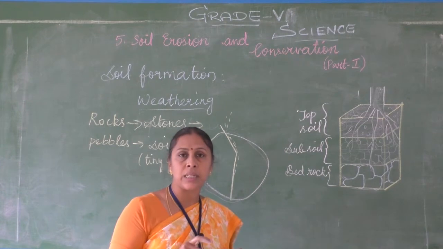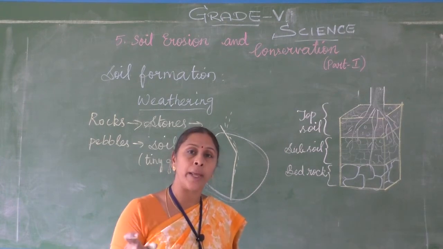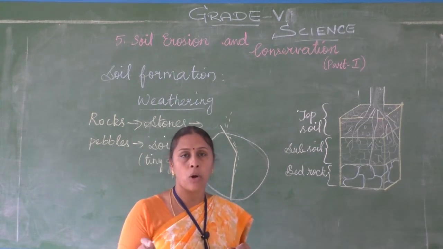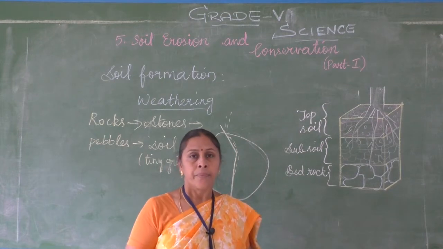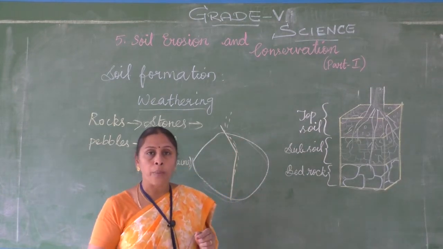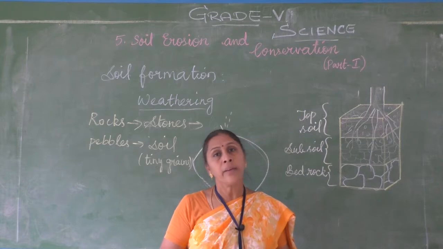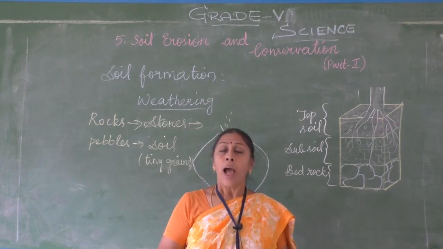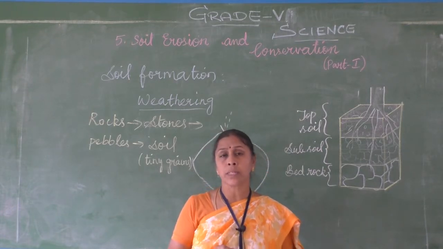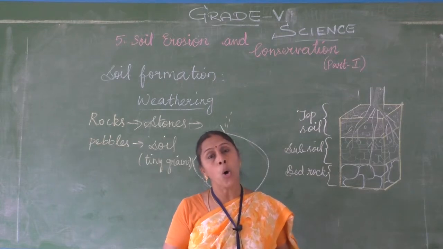And this process of repeated heating and cooling of rocks is called weathering. So the soil is formed by the process called weathering, and this formation of soil is a long process, I said, is it not?